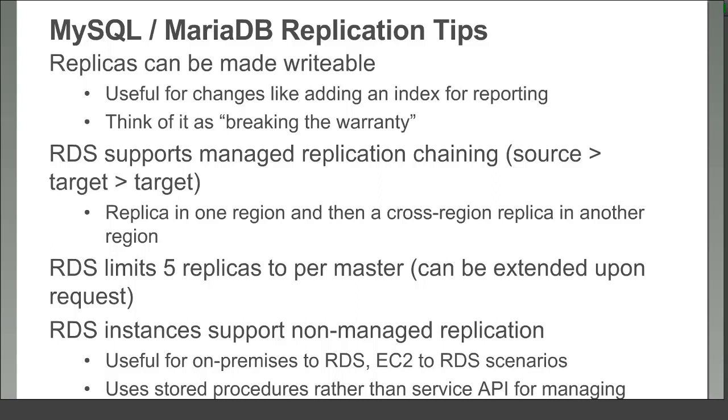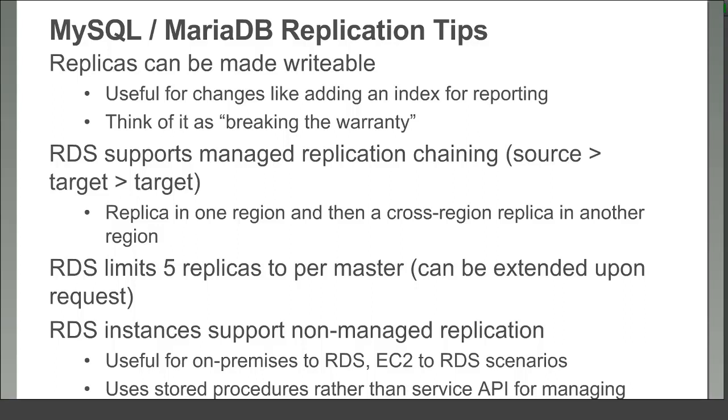So with regard to MySQL and MariaDB replication tips, one of the things that we can specify is making read replicas writable. When you do this, it's something akin to voiding the warranty on that read replica. In other words, that read replica will no longer explicitly represent what is on the master because you've made changes to it, of course. But in some cases, that's warranted, and that's something that you want to do.